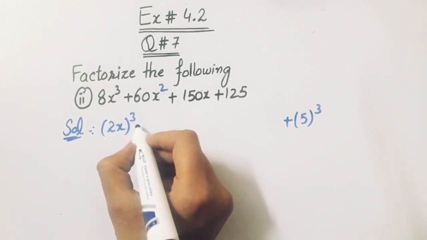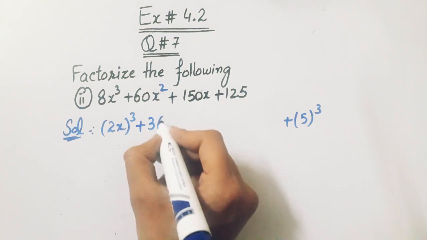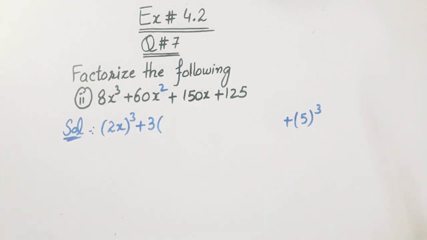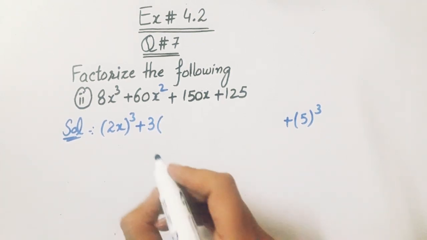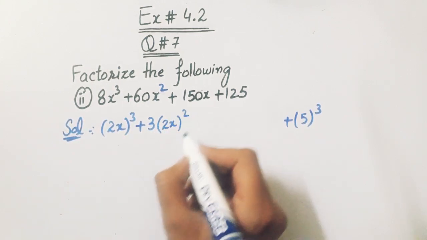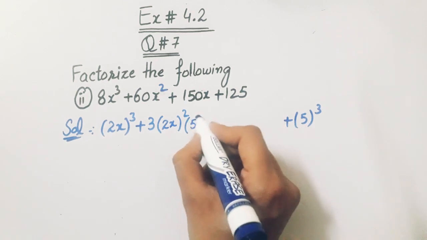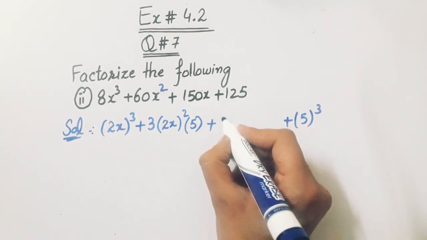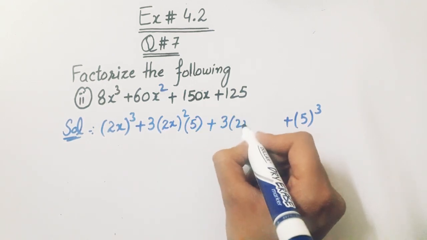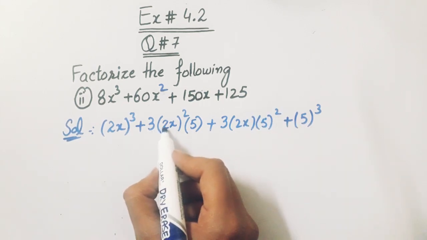And the next term can be written as plus 3 into 2x square and 5, and 150x can be written as 3 into 2x and 5 square.